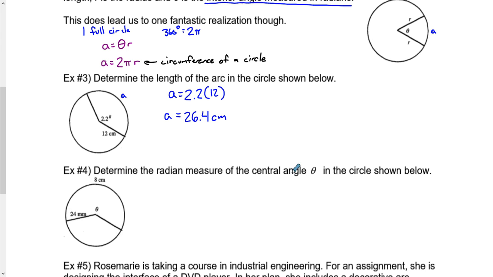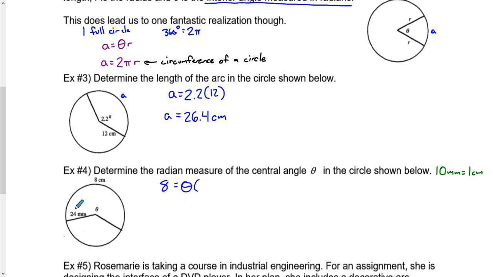Determine the radian measure of the central angle in the circle shown. So it says that our arc length here is 8 centimeters. We don't know what that interior angle is, but we do know what the radius is. It's 24 millimeters. But this is 8 centimeters. We don't want to deal with two different types of units, but we do know that there are 10 millimeters in 1 centimeter.